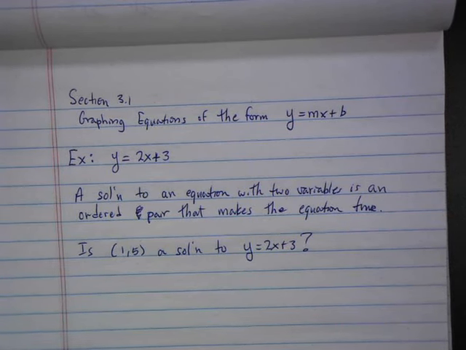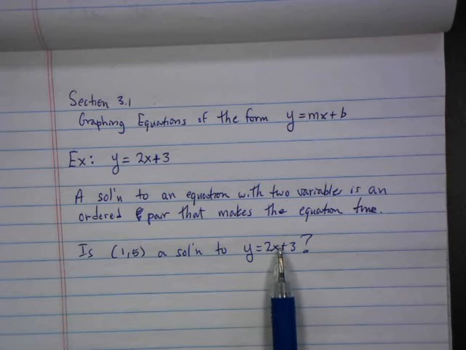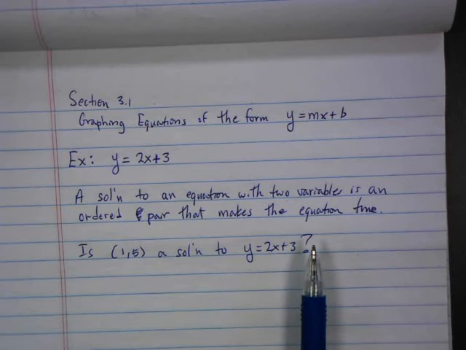Why do you say yes? You just plug the numbers in. This means x is the number 1, y is the number 5. If I plug 1 in for x, I get 2 times 1 plus 3, that is 5. So is it a solution? Yes, it worked.